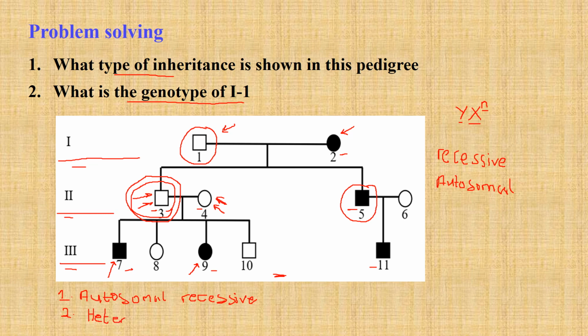So the genotype for Romans 1:1 should be heterozygote, or a carrier. In other words, heterozygote means that he is a carrier of that disease trait.